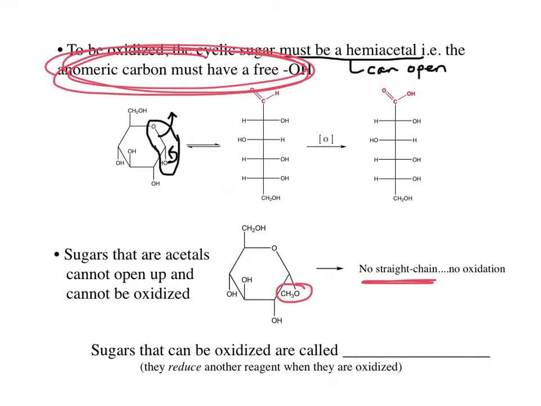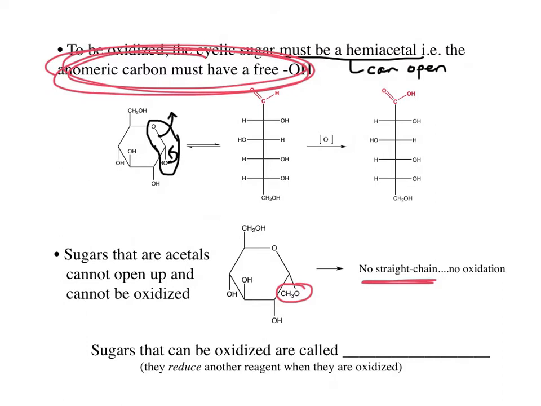Okay? Now, here's the last strange vocabulary word for the slide. Sugar chemistry is full of strange things. If a sugar is oxidized, it had the aldehyde, right? If it's oxidized, it reduced something else. Okay?